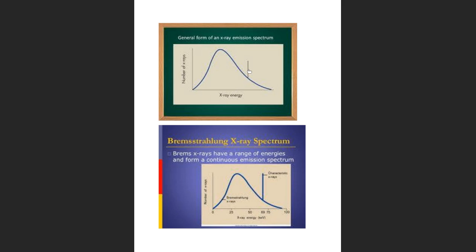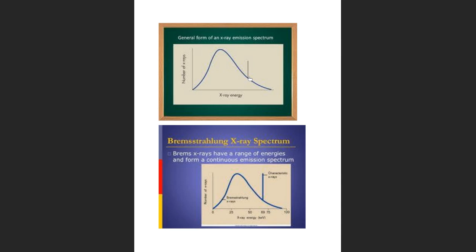Characteristic is dependent on the energy of a specific K-shell. Every element has a different K-shell binding energy. So this number is representative of tungsten's characteristic K-shell binding energy. That is specifically energy dependent.